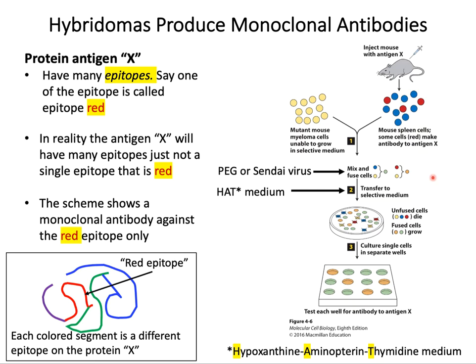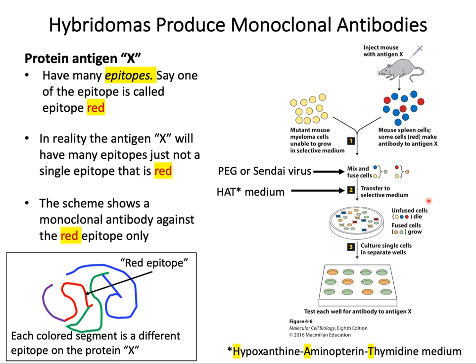So now we have potentially fused myeloma cells with the B cells, and they are put into the HAT selection medium. The unfused B cells will die even if they have the TK or HGPRT, as they are mortal and have a limited lifespan.